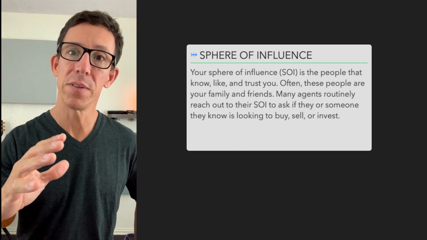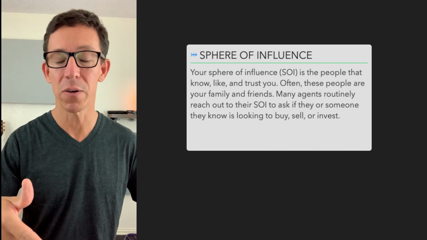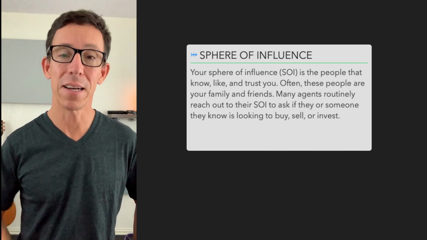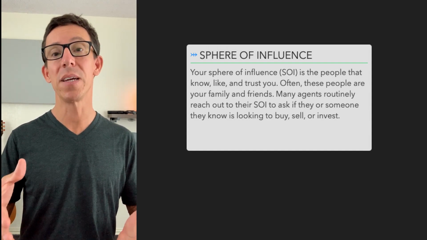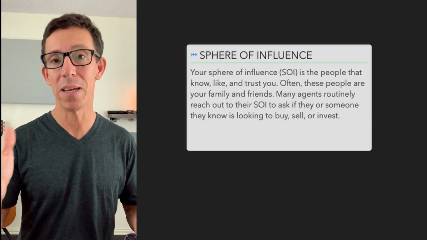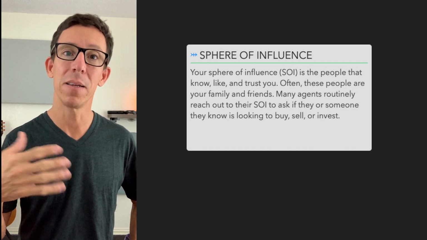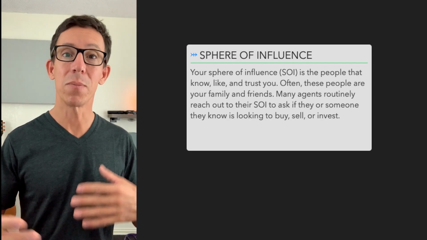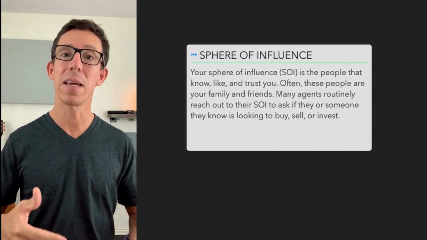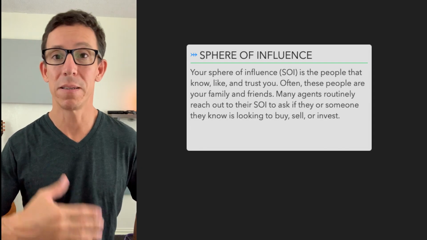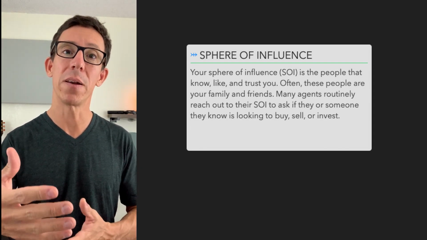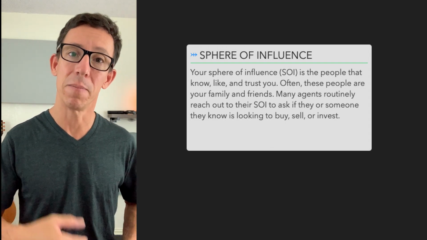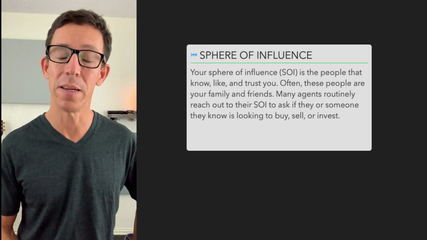But once you've established some rapport, caught up a little bit, say, hey, just wanted to remind you, or if you didn't know, I recently got into real estate and I'd really appreciate it if you keep me in mind, whether you need somebody in the future for any real estate needs, or if you know anybody who's looking to buy, sell, invest in real estate, by all means, please ask them to reach out, or even better, give me their contact information and I'll reach out and pursue that lead if you don't mind.